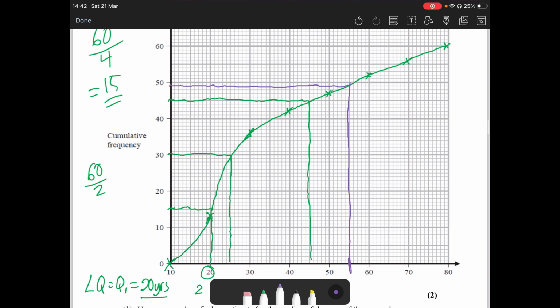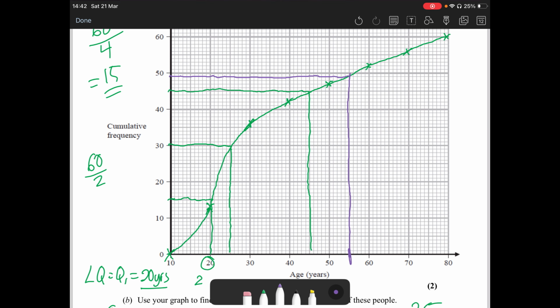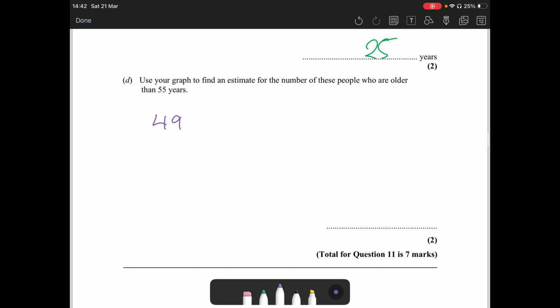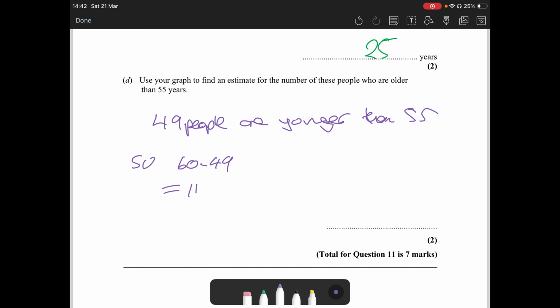Oh, I can't believe my memory's gone already. So look, at 55, there's 49 people younger than 55. There was 60 in total, weren't there? Well, out of my 60, if 49 people are younger, that can only mean one thing, that 11 people are older.